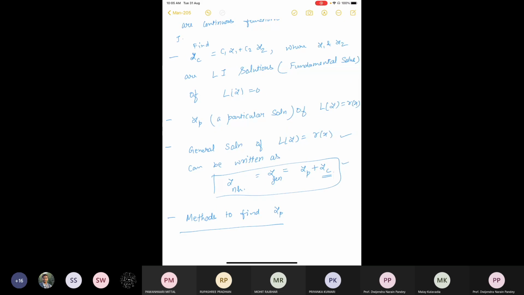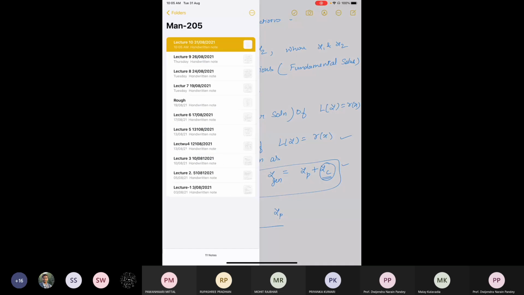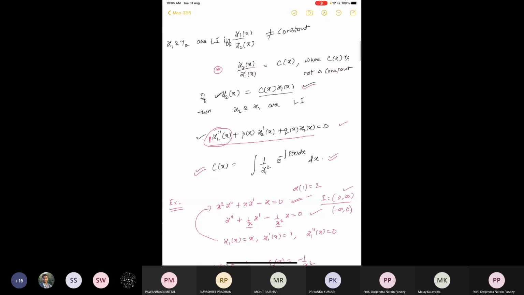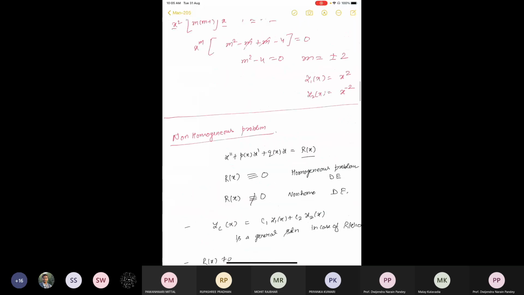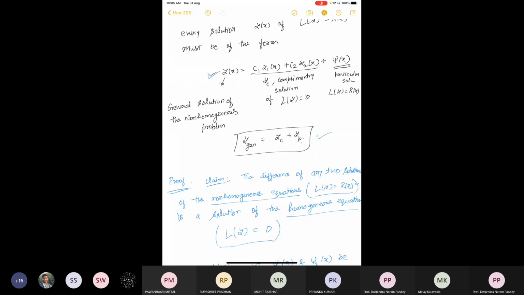We have done it or not? How to find this Yc? Is it done? Anybody? This is second order. The non-homogeneous theorems we have, okay, this we have done.